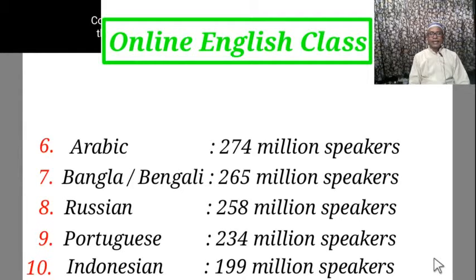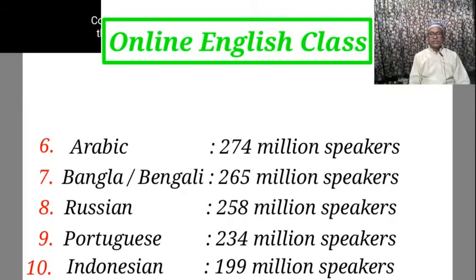Number 6, Arabic, 274 million speakers. Number 7, Bangla, Bengali, 265 million speakers. Number 8, Russian, 258 million speakers. Number 9, Portuguese, 234 million speakers.